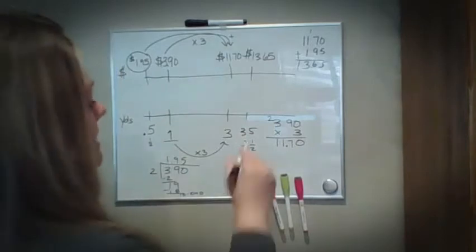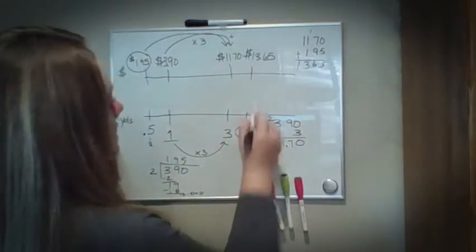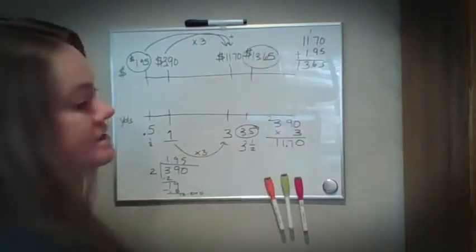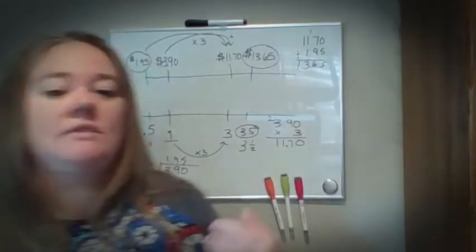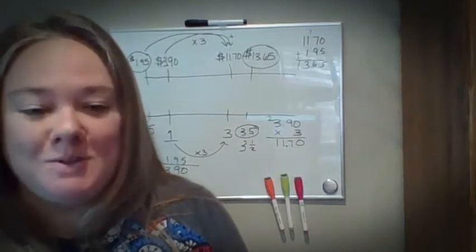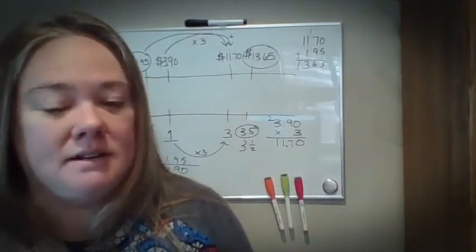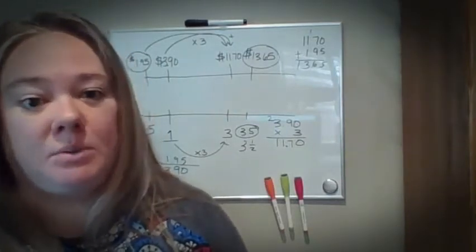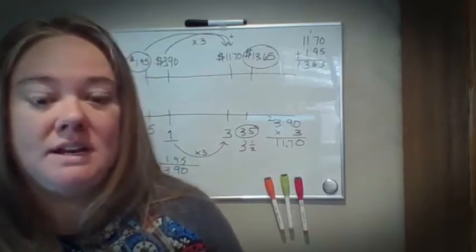So she's going to need $13.65 for 3.5 yards. A great visual way to show what you know using a double number line, similar to a ratio table, just flipped horizontally instead of vertically.